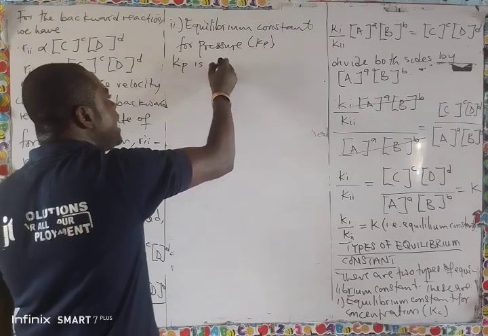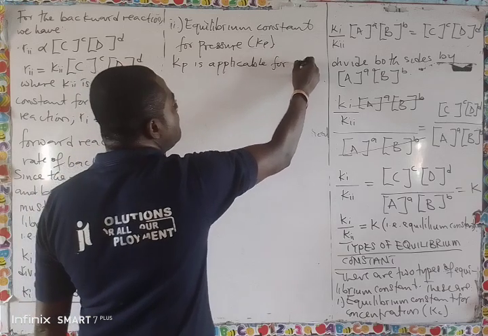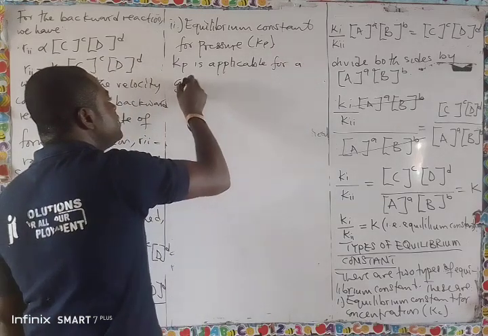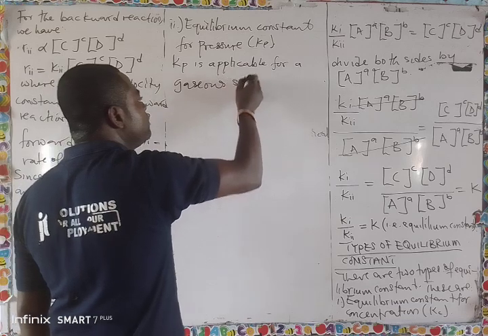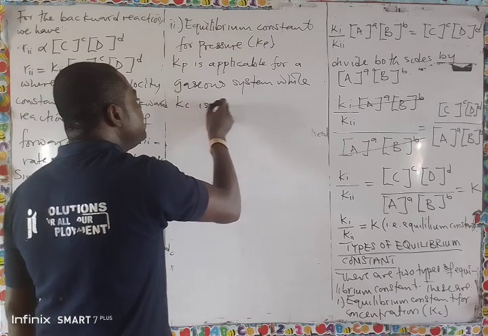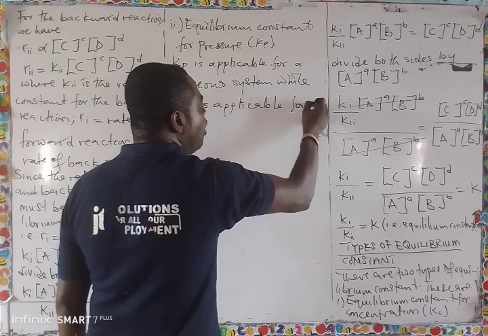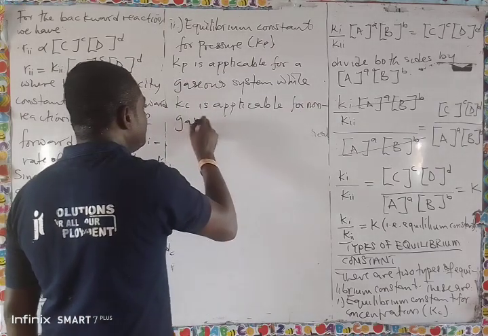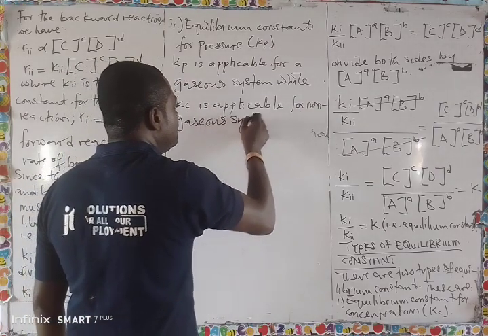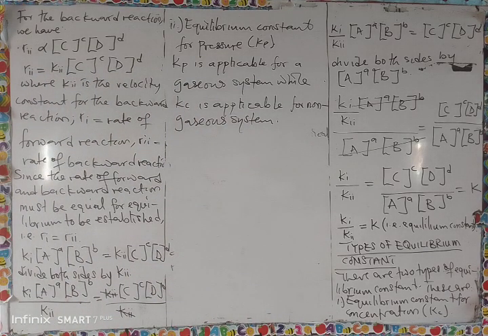Kp is applicable for a gaseous system, while Kc is applicable for non-gaseous system. So concentration is applicable to what? Liquid, aqueous, solid. But pressure is applicable to gases. So take note of that.